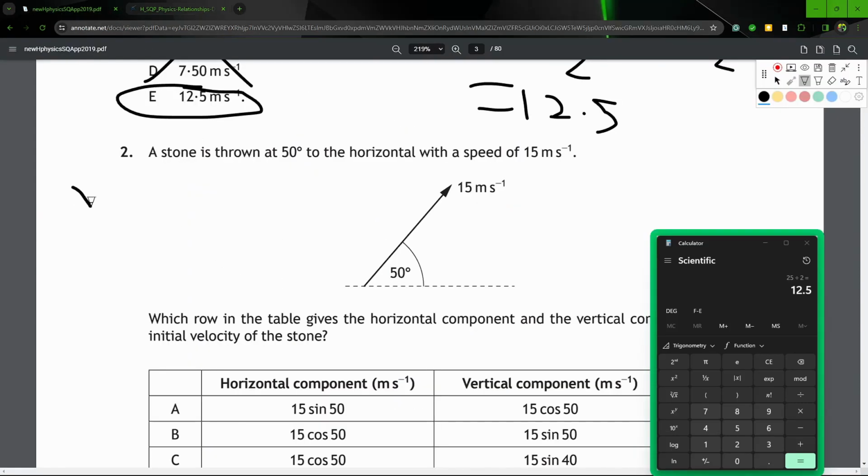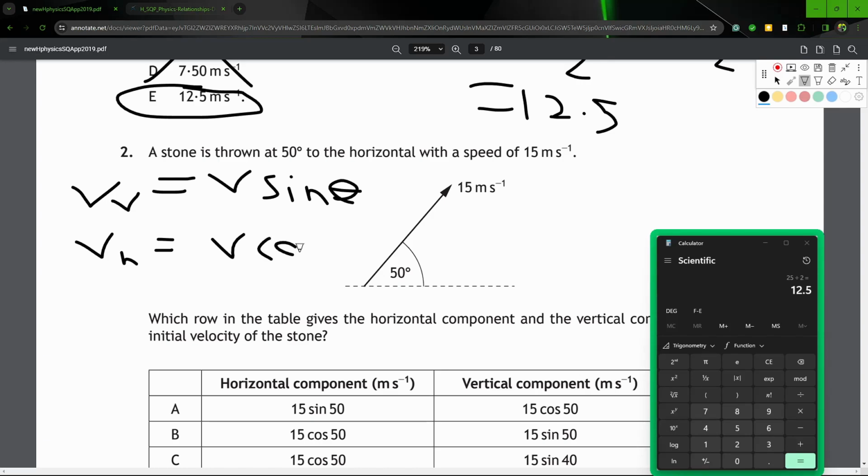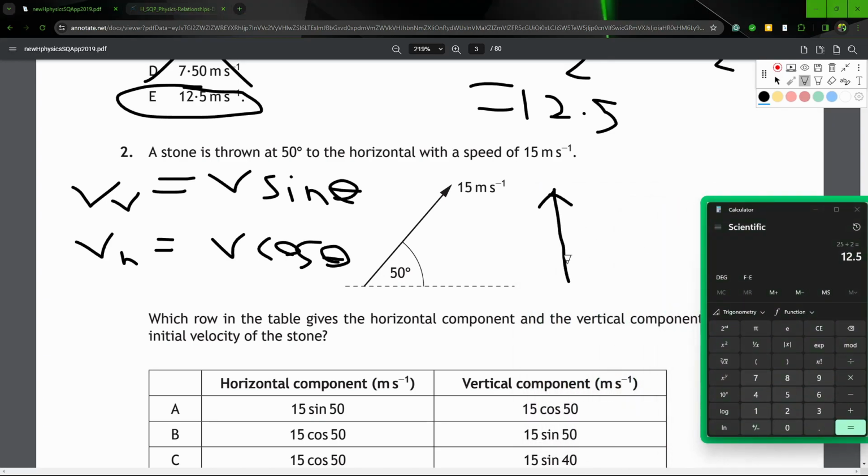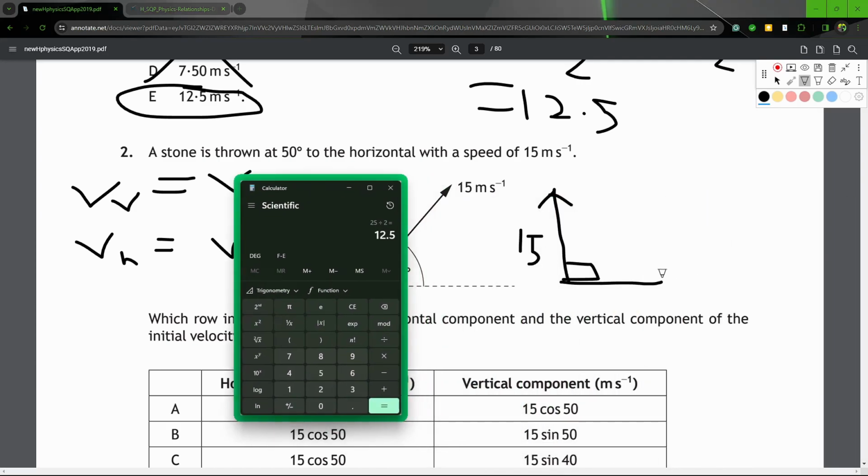So basically all this is asking you to do is recall these equations. Sine is for the vertical component, and for the horizontal component it's cos. So you will just have to remember these, but a trick you can do to remember this is that if you throw an object straight up, that's 90 degrees to the horizontal, and you would expect its horizontal component to be 0 meters per second because it's just going straight up, and all of it will be 15 going up.